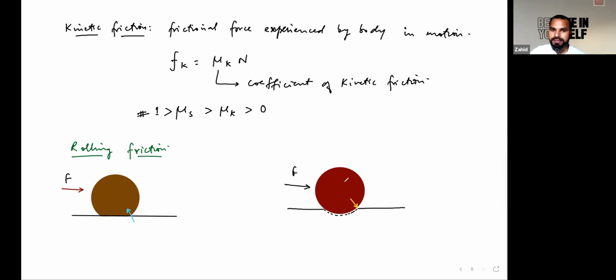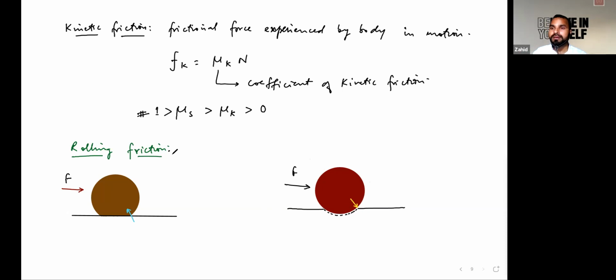Similarly, in this case, a road roller is going along a track. Some amount of the external force is utilized to deform the surface or track according to its own shape. So in both conditions, some amount of force is wasted in deformation of either the track or the wheel. This amount of force wasted is termed rolling friction.